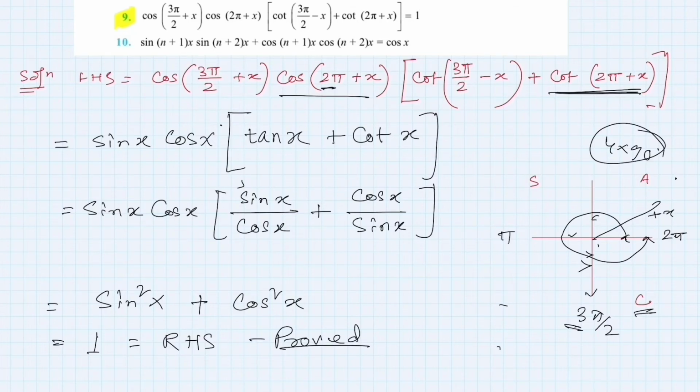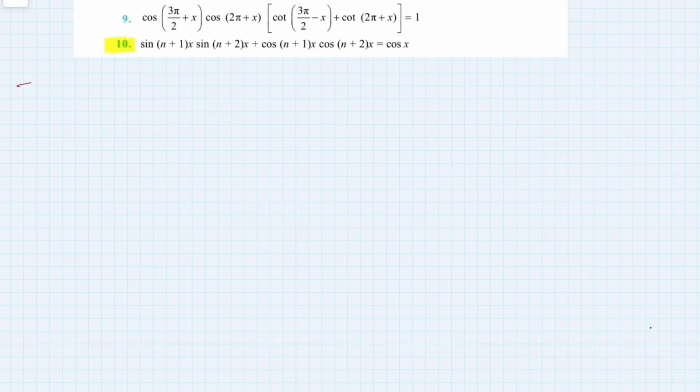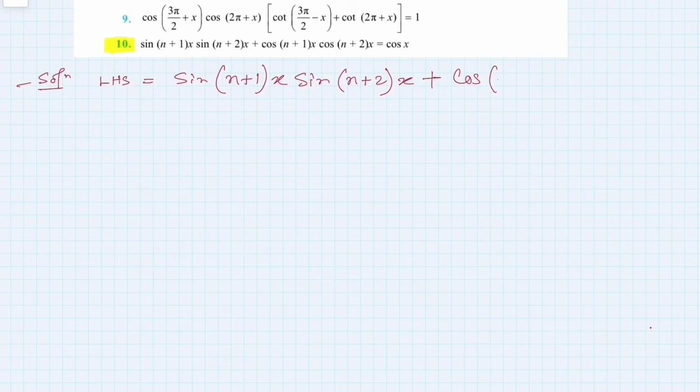So now let me show you question number 10. Now let me show you how to solve question number 10. Okay, it's very simple. So let us write the left hand side again. Left hand side is equal to sin(n+1)x sin(n+2)x + cos(n+1)x cos(n+2)x.